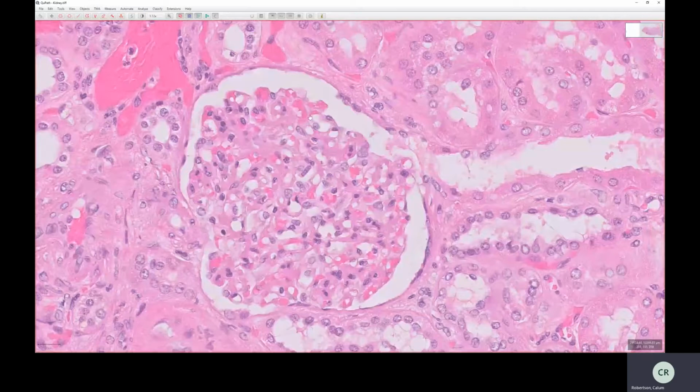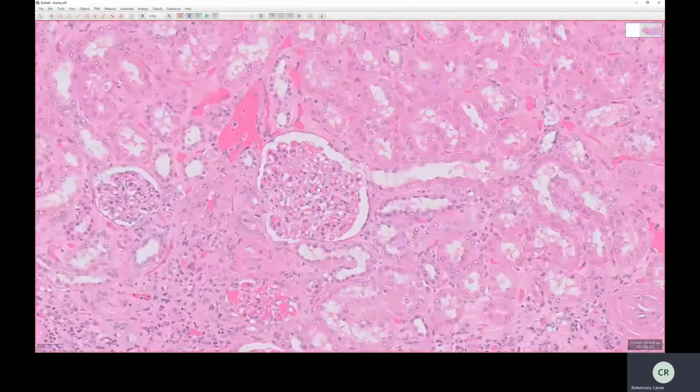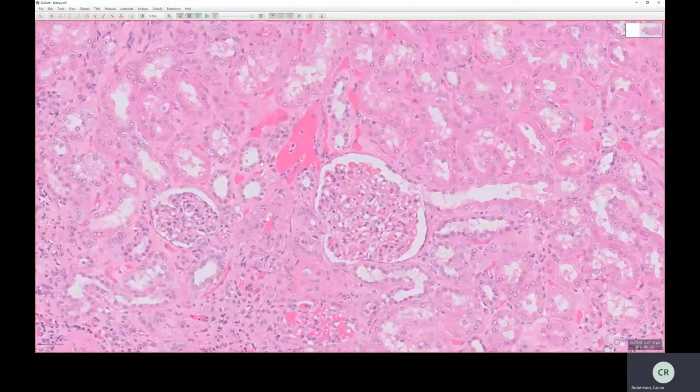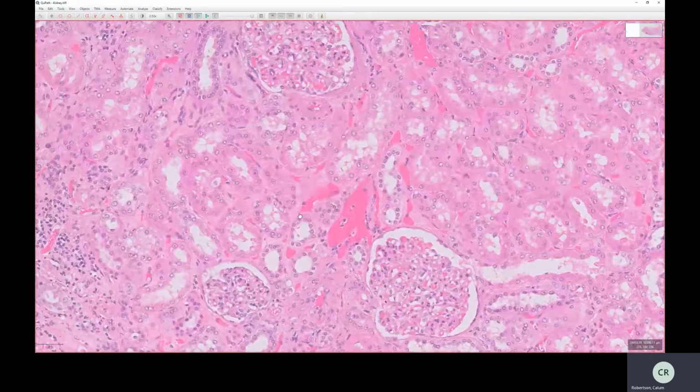But that's the three layers: endothelium, mesangium and glomerular basement membrane, which are together in the same layer, and then the podocytes, or the visceral epithelium. That's pretty much it. Out here in between the glomeruli is called the interstitium, in which there are lots of tubules, as I mentioned.